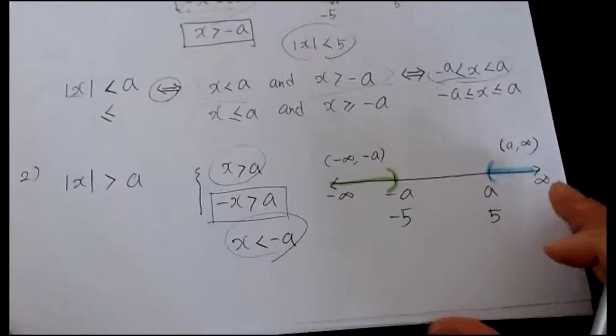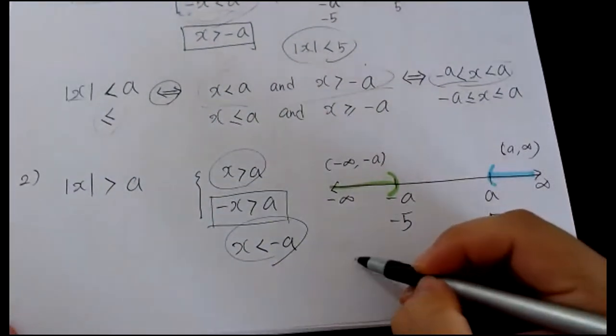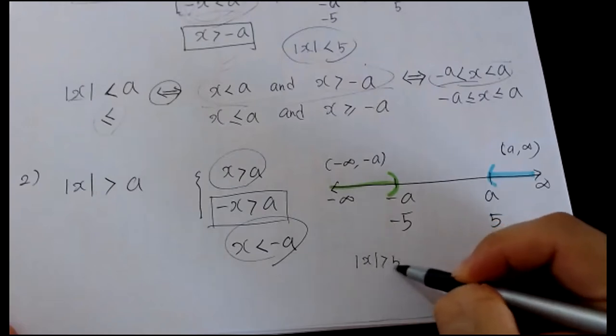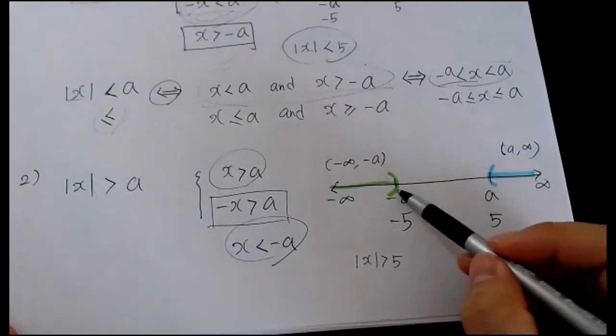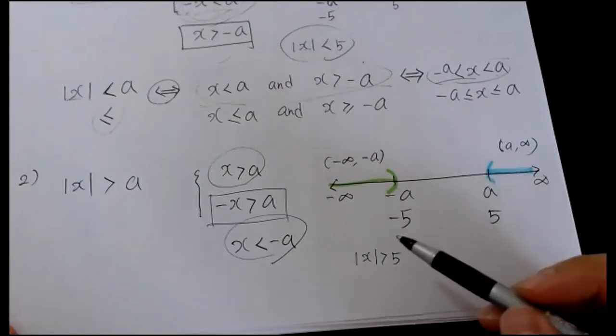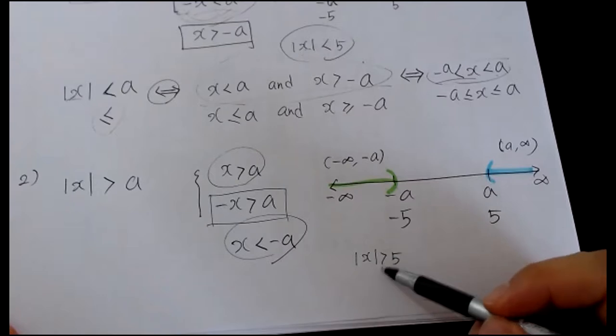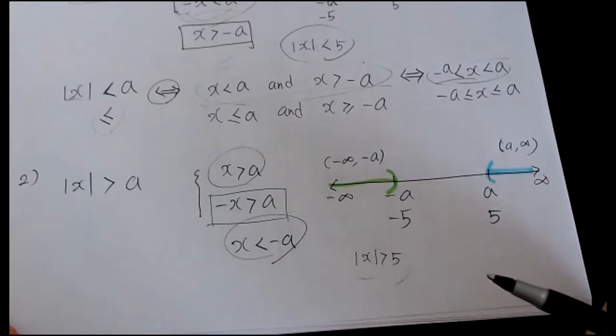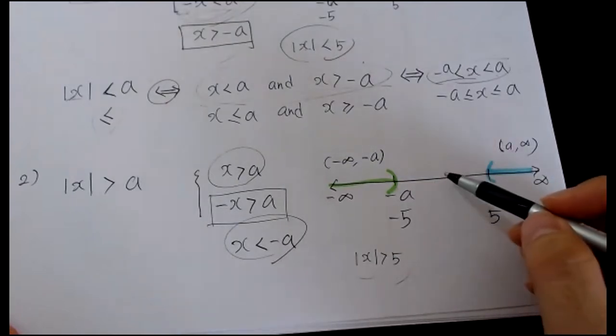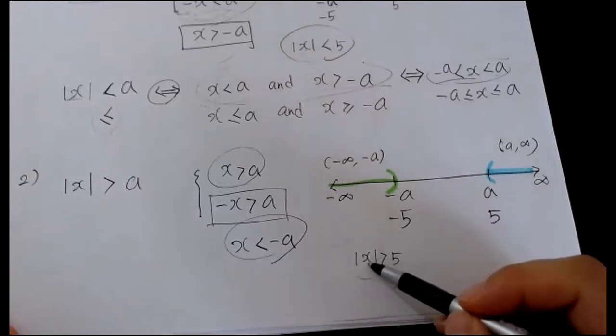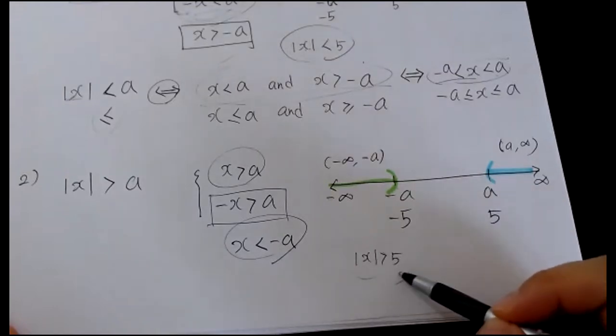So the absolute value of x is greater than 5. Then all the numbers between negative 5 and 5 cannot satisfy that linear inequality, right? Because for example, when you plug in 0 into x, 0 is greater than 5 doesn't make sense. 0 is not greater than 5.